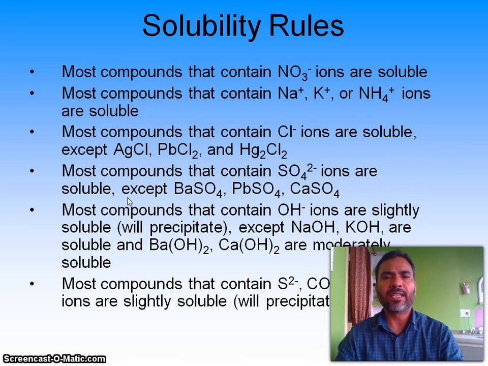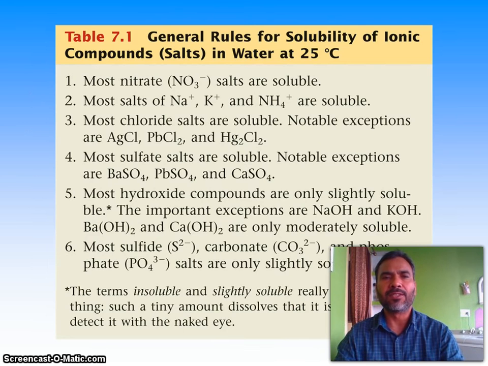Most compounds that contain sulfate ions are soluble, except barium sulfate, lead sulfate, calcium sulfate. Most compounds that contain OH minus ions are slightly soluble and will precipitate, except sodium hydroxide and potassium hydroxide, which are soluble, and barium hydroxide and calcium hydroxide, which are moderately soluble. Most compounds that contain S2 minus, carbonate and PO4 phosphate ions are slightly soluble and will precipitate.